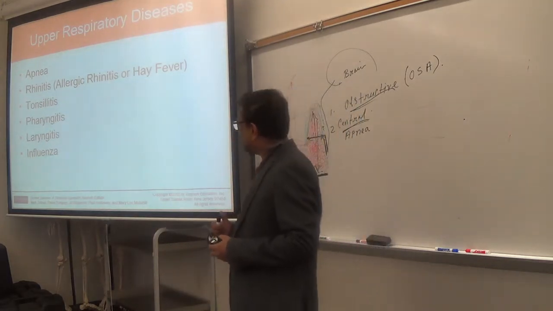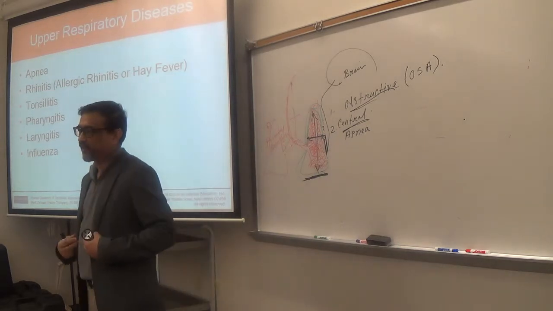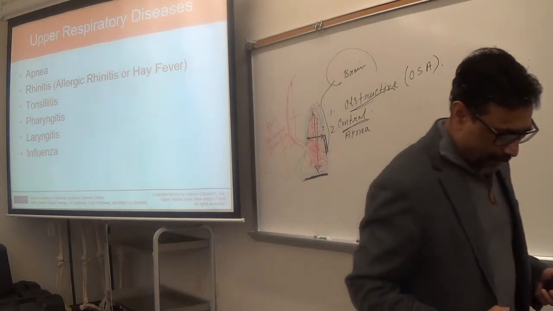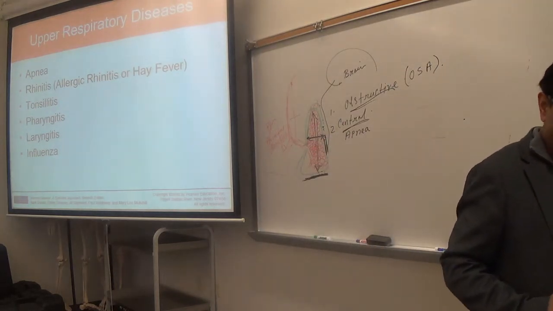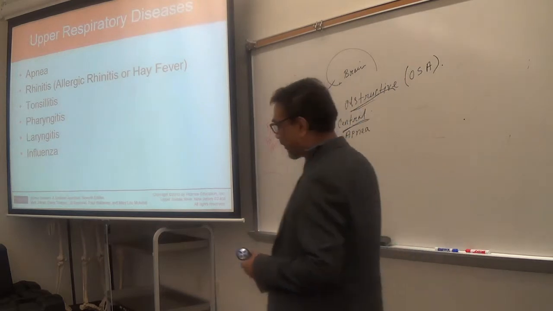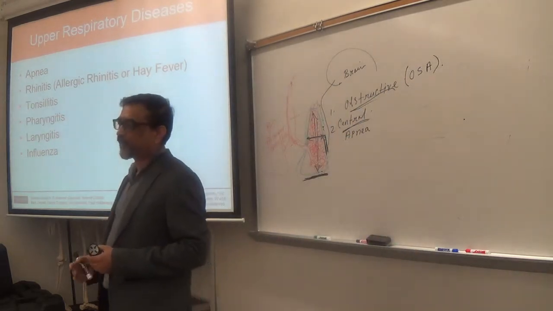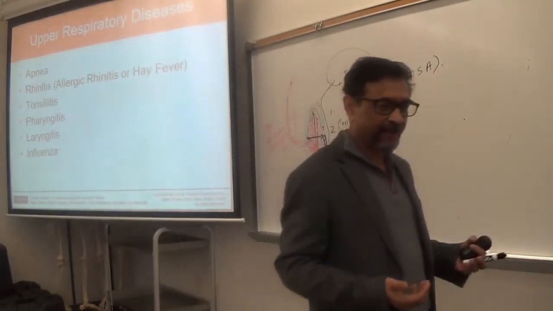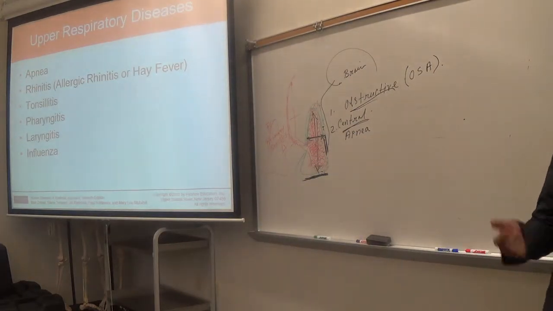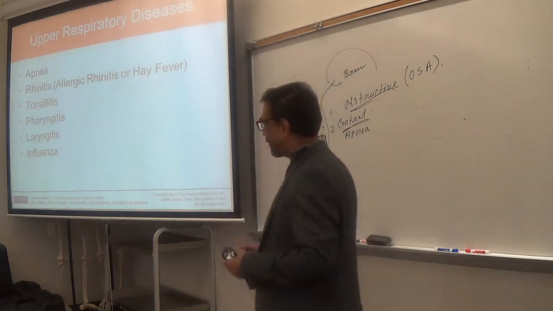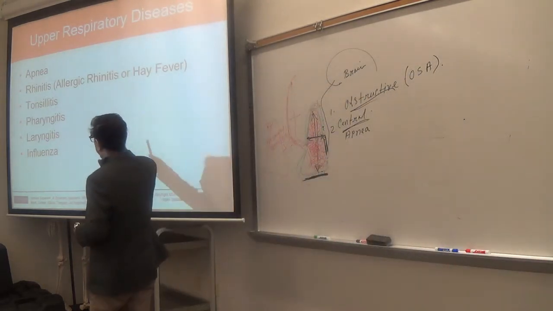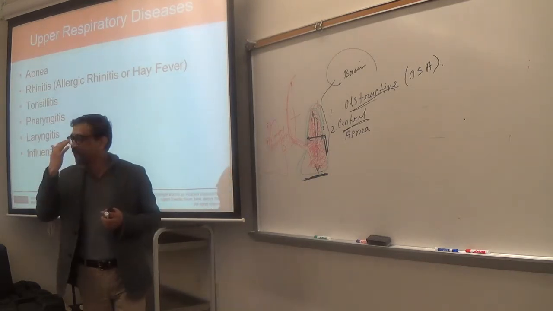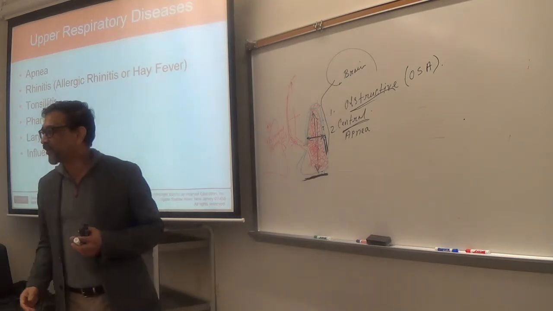So allergic rhinitis is also called hay fever, which is one type of rhinitis that occurs due to allergy, not by microorganisms, not by bacteria or viruses. Most of the time, inflammation occurs by microorganisms, bacteria, virus, but some chemicals can also cause rhinitis. Can you name any chemical that can cause inflammation of the nose, rhinitis?